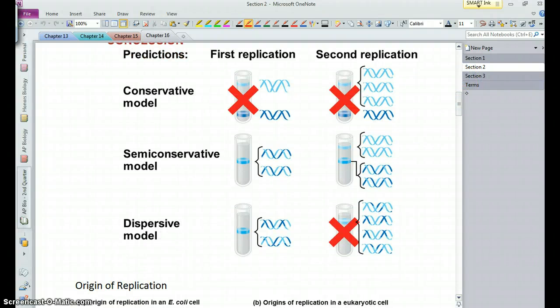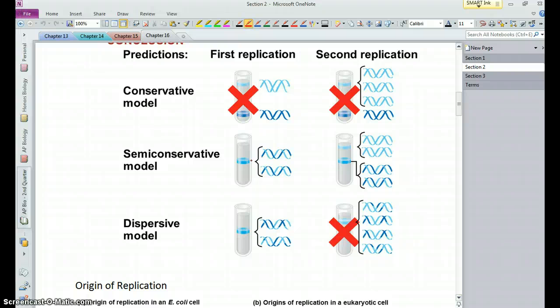If you have the original DNA that's just the heavy isotope, you're going to have a really heavy band when you centrifuge this. That's going to be the bacteria that have incorporated the heavy isotope. Then you might expect some of those bacteria to have the lighter isotope. Well, that's not what they found after the first replication. They just found a single band, somewhere in between the heavy and the light.